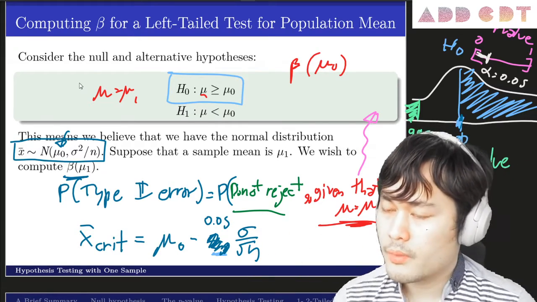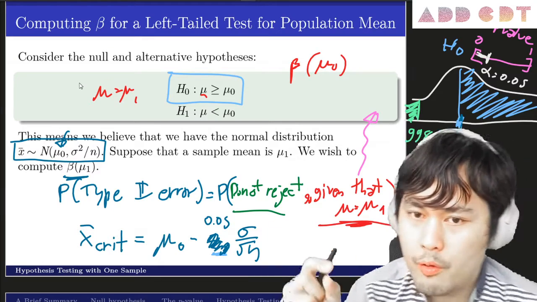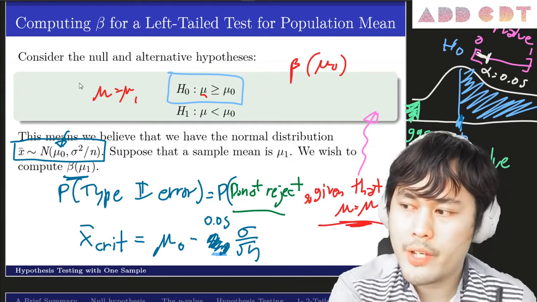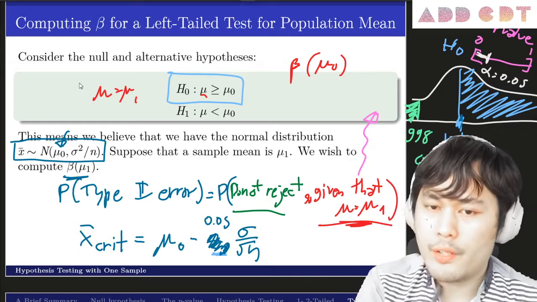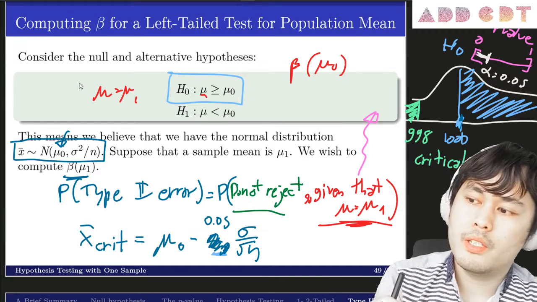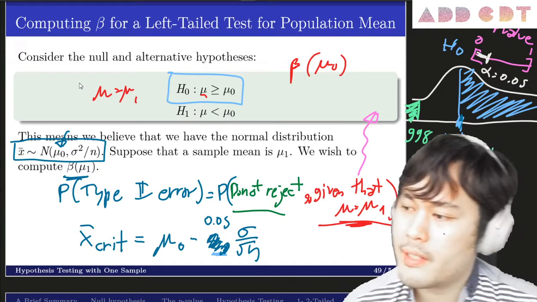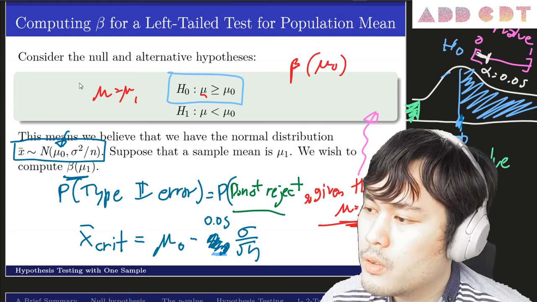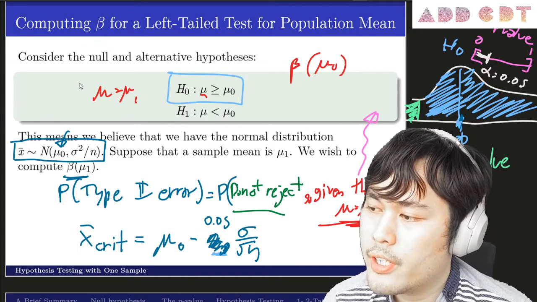So we reject when the value falls below the critical value. That means we do not reject when that value is higher than that critical value, which is this area here.